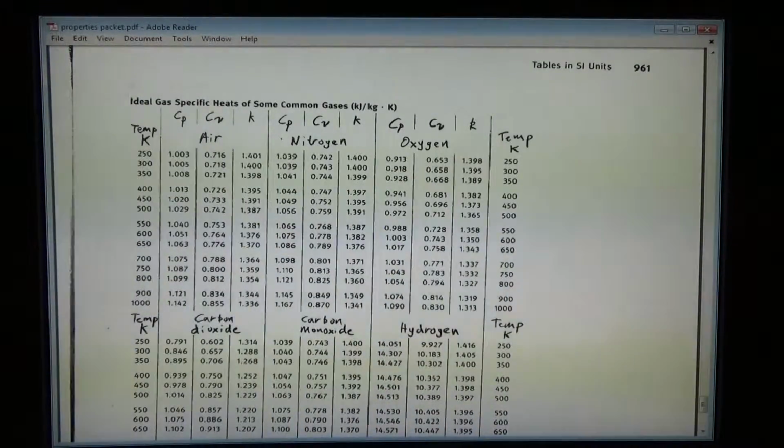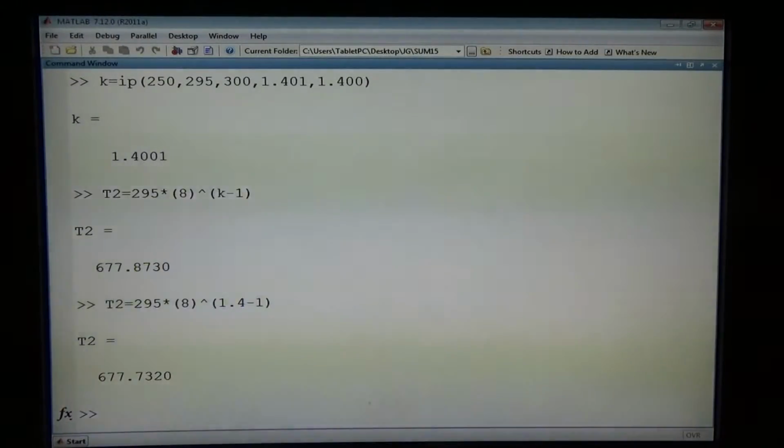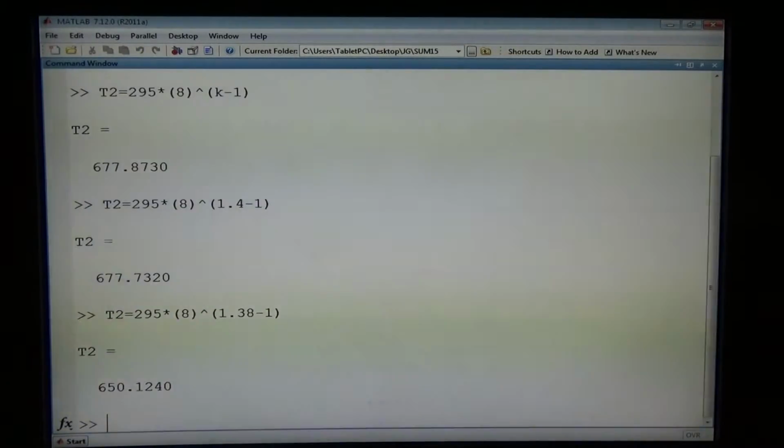Let's see what happens if we use 1.38. In this case, we change it by 0.02, and we get a temperature T2 of 650 instead of 678. So this is where k can be very sensitive in this equation.